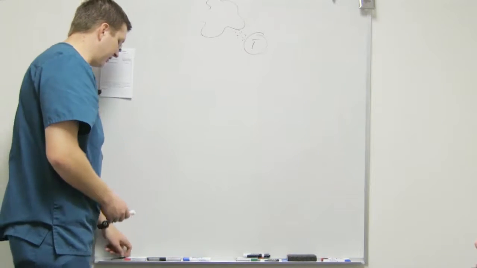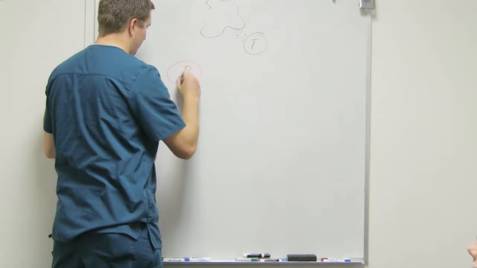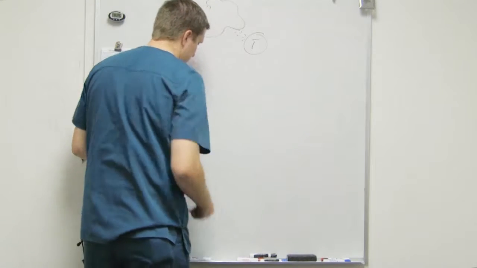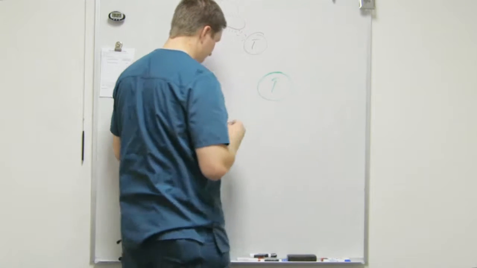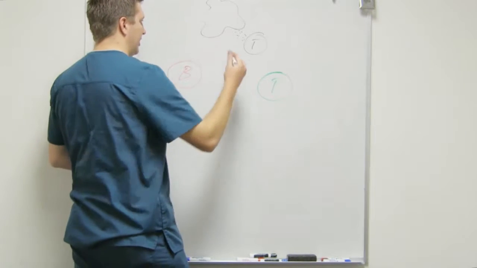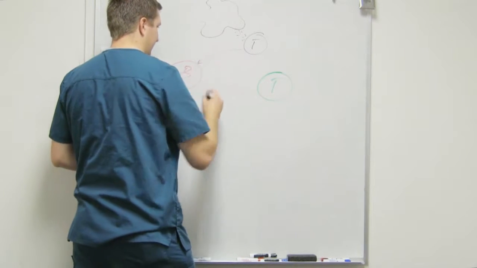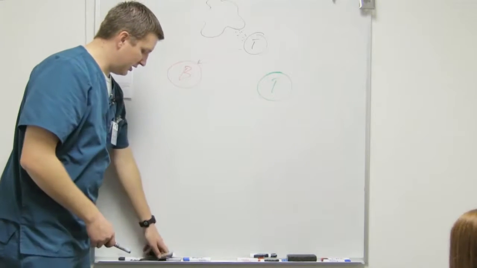So the helper T cell goes, and it activates two different things, depending on what's going on, but typically both. So for viruses especially, it's going to go in and activate the B cells. When the B cells become activated, they divide.